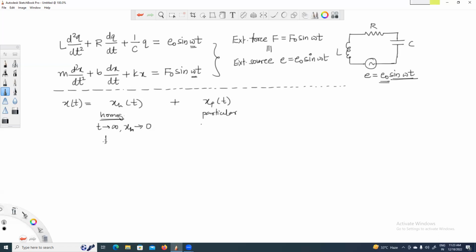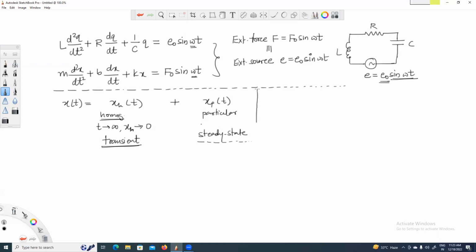That's why we call this a transient solution, which is basically time dependent. And this, we call a steady state solution. Why steady state? Because it will keep oscillating. It does not have the decaying term. So it will have only the oscillatory term, and it will keep oscillating forever with the frequency of the forcing function, omega, right? So it is called the steady state solution.